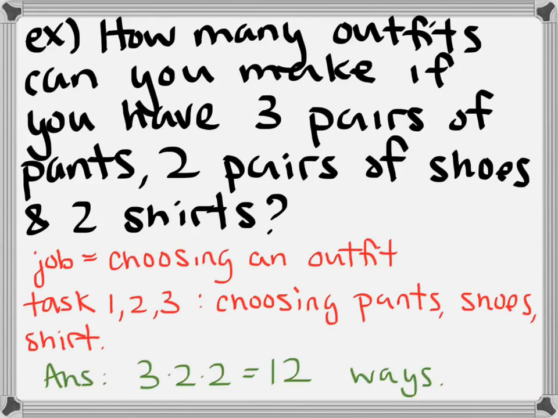The first task of choosing pants can be done in 3 ways, 1 for each pair of pants. For task 2, which is choosing shoes, that can be done in 2 ways. And choosing a shirt can be done in 2 ways as well. So when we multiply 3 times 2 times 2 together, we get 12. If you recall last time, we also got 12 by making our tree.